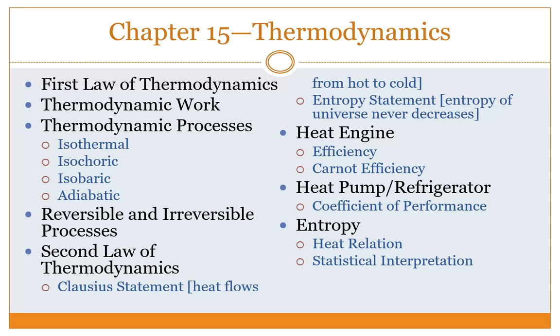A third statement is that no natural process can decrease the entropy of the universe. Now you can have a natural process that decreases the entropy of an object. For instance, if I have water in a cup and I put it in the freezer, the water in the cup freezes.